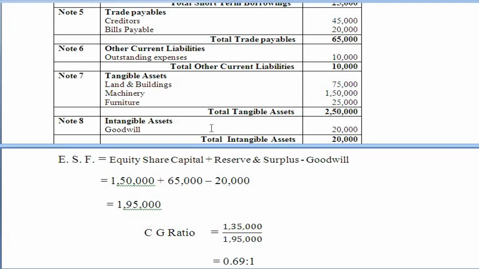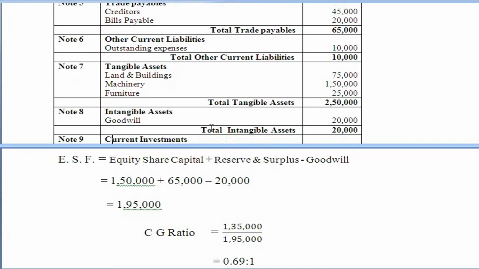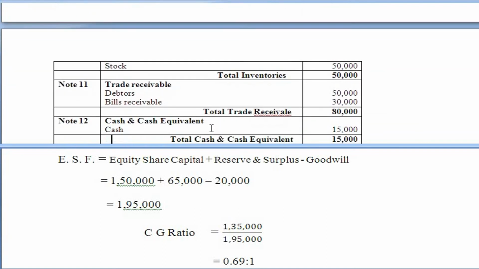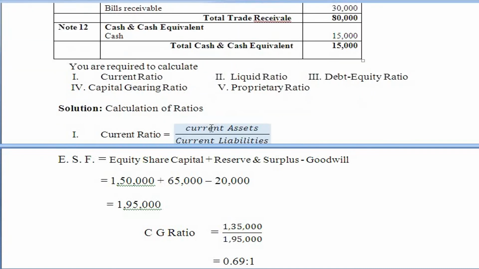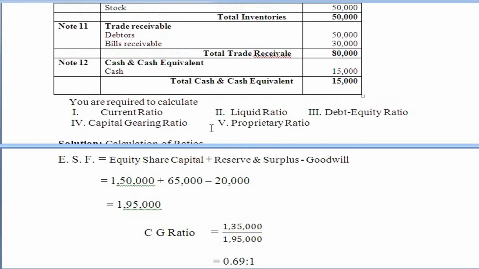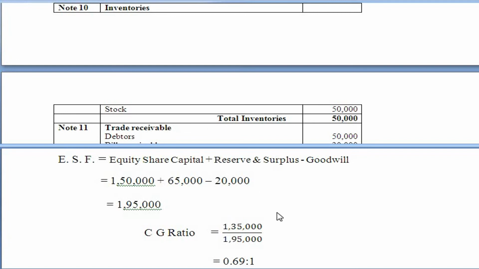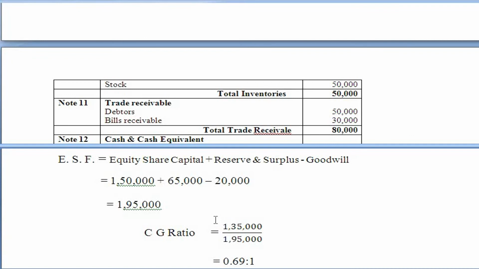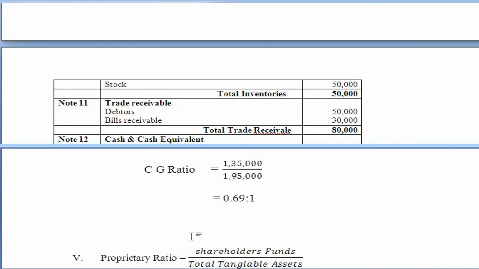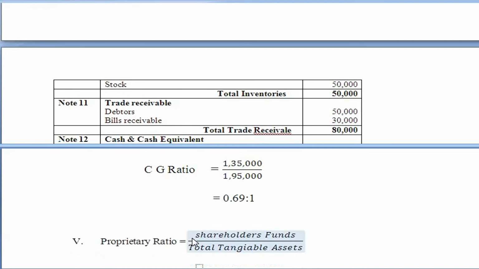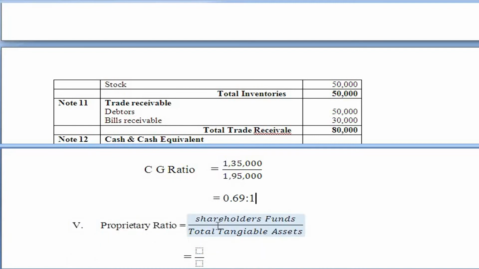And the last one is proprietary ratio. Fifth one is proprietary ratio. The formula of proprietary ratio is shareholders' funds divided by total tangible assets.